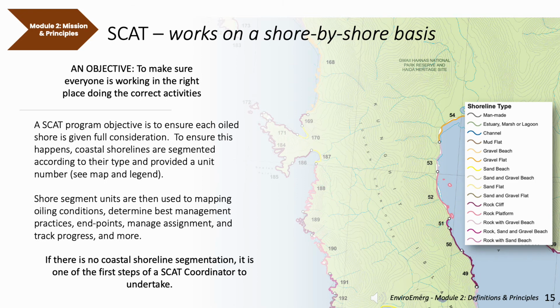Each shore is given a unique identification number. These shore segment numbers are then used for mapping oiling conditions, determining best practices and what the endpoints will be, managing assignments, tracking progress, and more. If there's no coastal shoreline segmentation, it is one of the first steps that a SCAT coordinator undertakes.